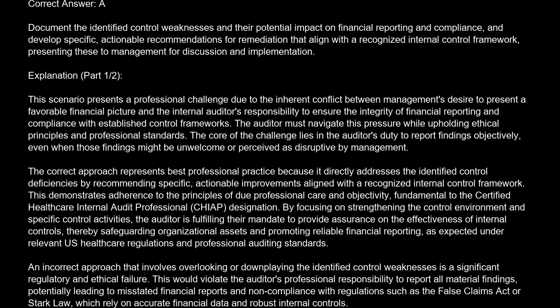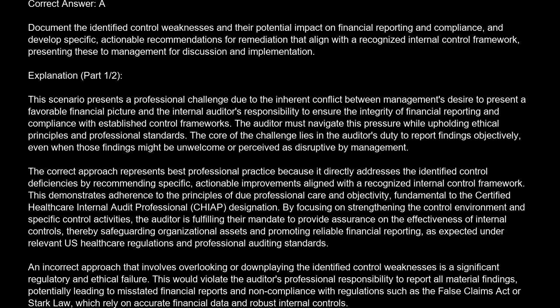The core of the challenge lies in the auditor's duty to report findings objectively, even when those findings might be unwelcome or perceived as disruptive by management. The correct approach represents best professional practice because it directly addresses the identified control deficiencies by recommending specific, actionable improvements aligned with a recognized internal control framework.